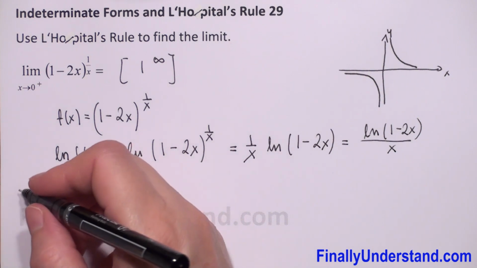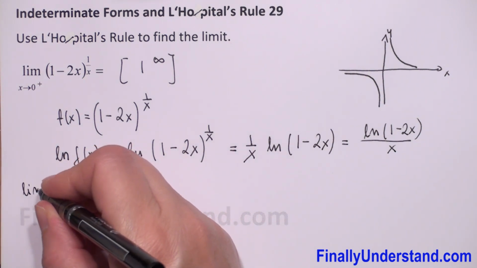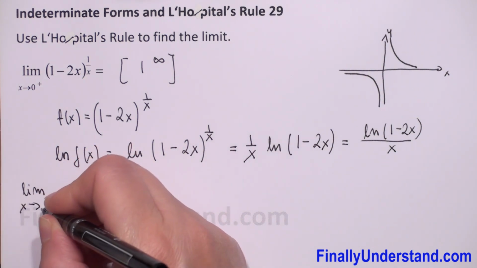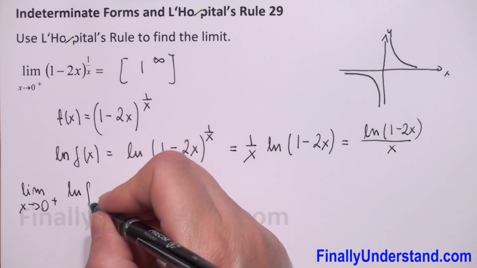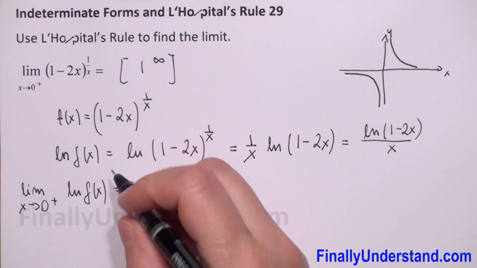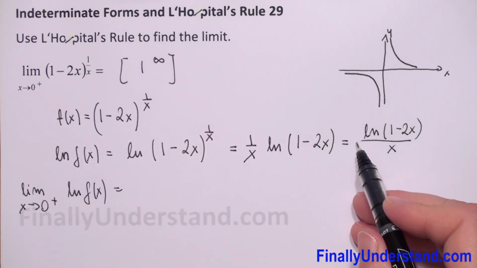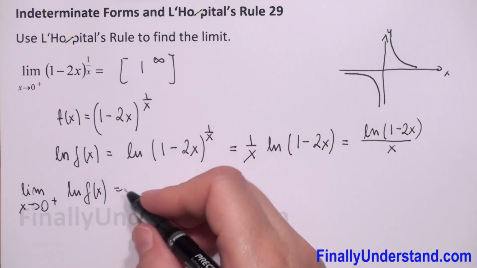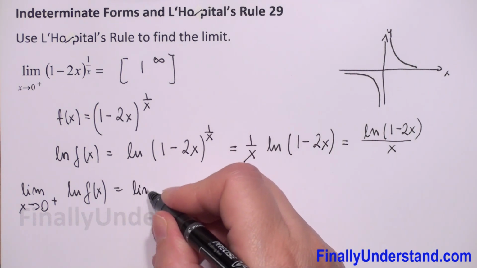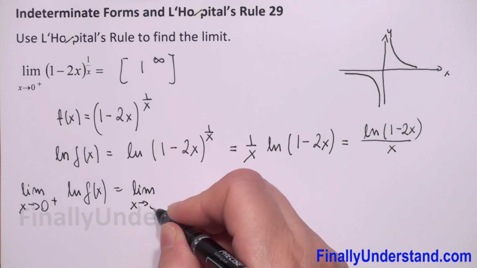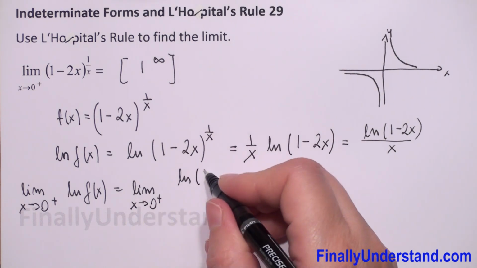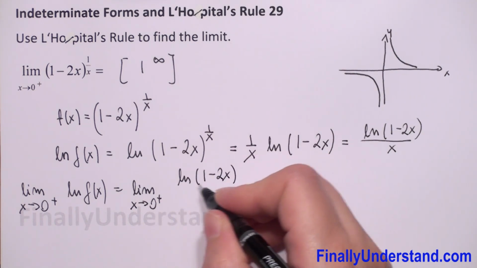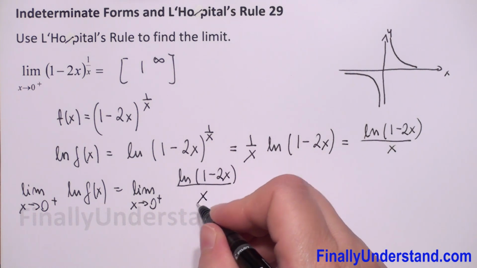Now we can find the limit as x approaches 0 from right of natural logarithm of f of x. This is equal to this expression we just found. So we have the limit as x approaches 0 from right of natural logarithm of (1 minus 2x) over x.